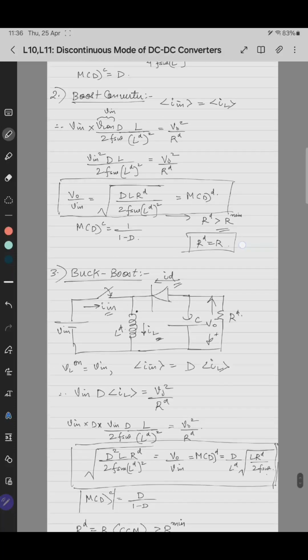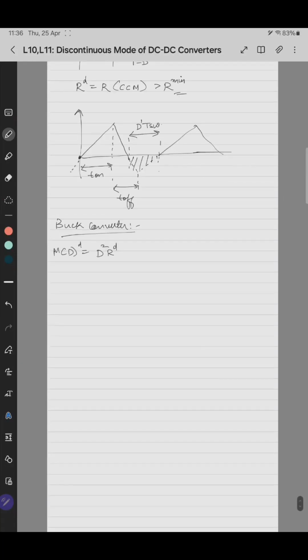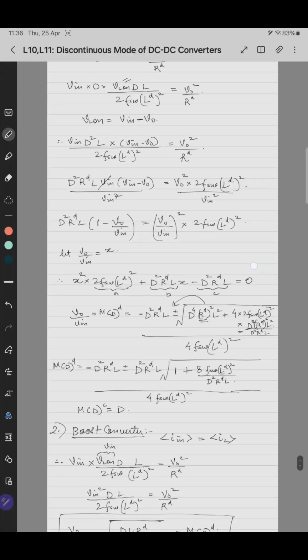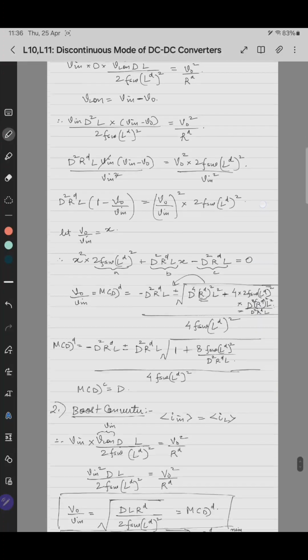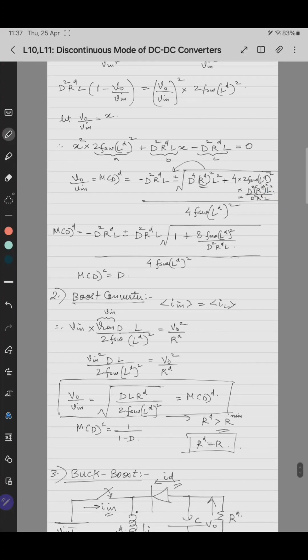D square RDL by 4 F switching LD square. It will be -1 plus minus square root of this term.